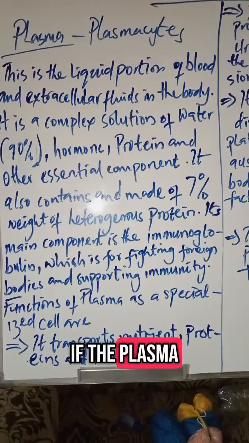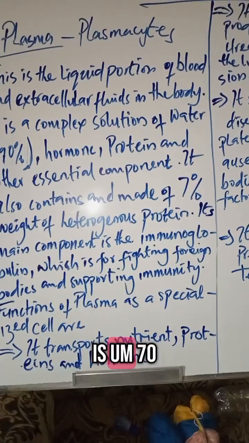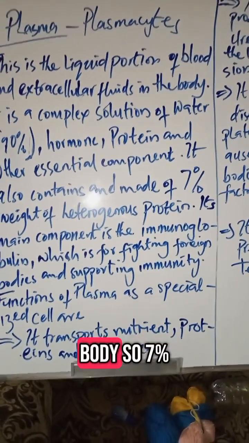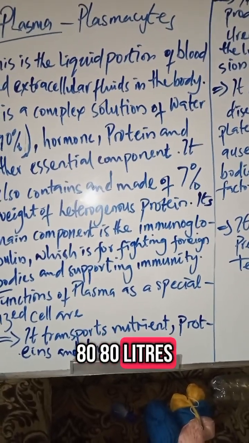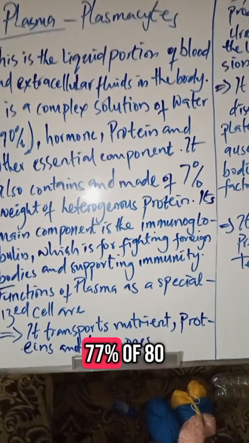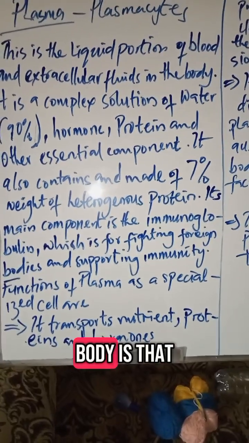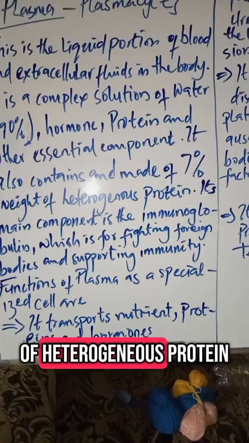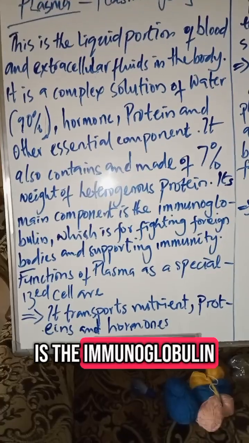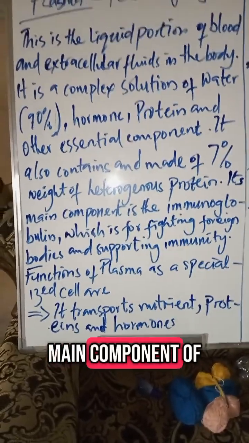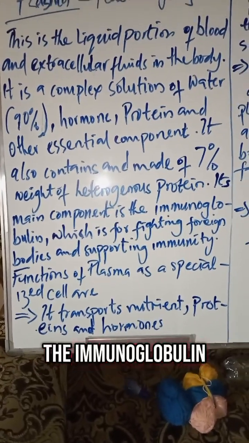So if the plasma is, let me say, 70 liters in your body, 7% of that 70 liters, or if it is 80 liters, 7% of 80 liters of plasma fluid in your body is heterogeneous protein. Its main component is the immunoglobulin.